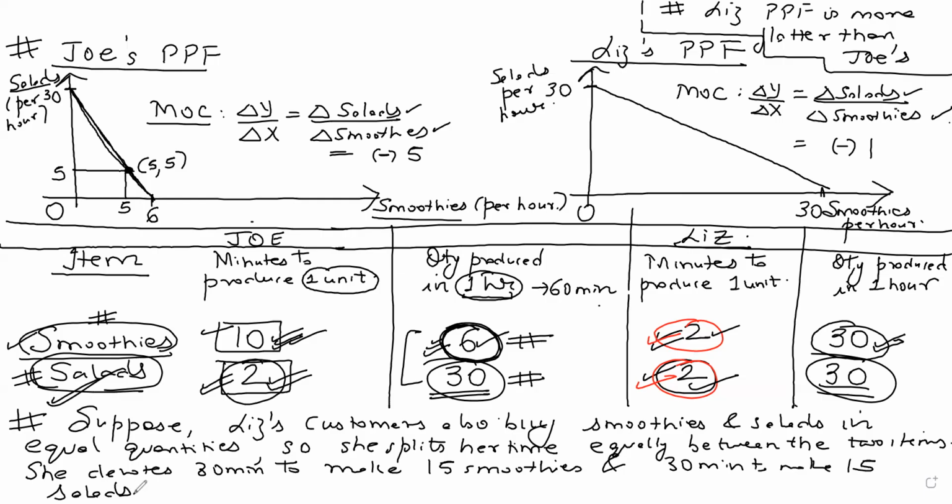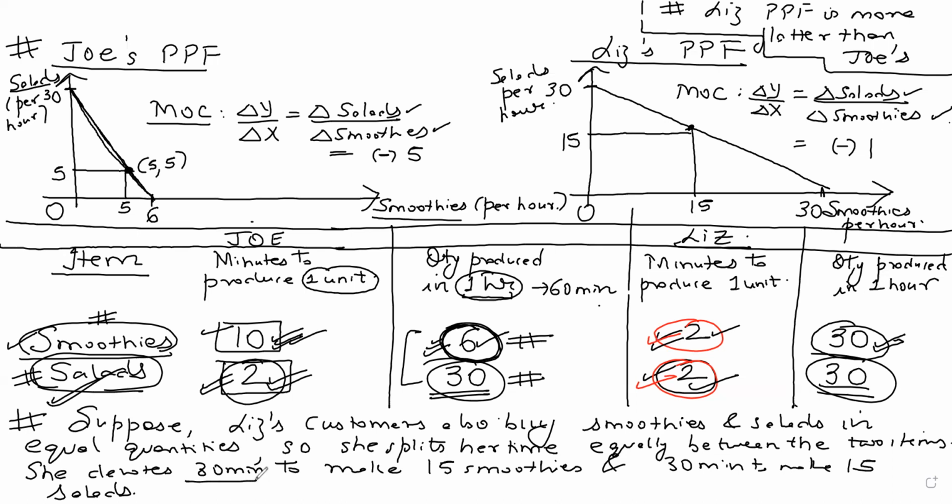So Joey has a point, Liz has a point, which is this. Exactly 15 comma 15 would be the point, because you can clearly see that for Liz, the rate of exchange is the same. It's exactly 1. She has 60 minutes. The customers are going to buy from Liz in equal amounts.